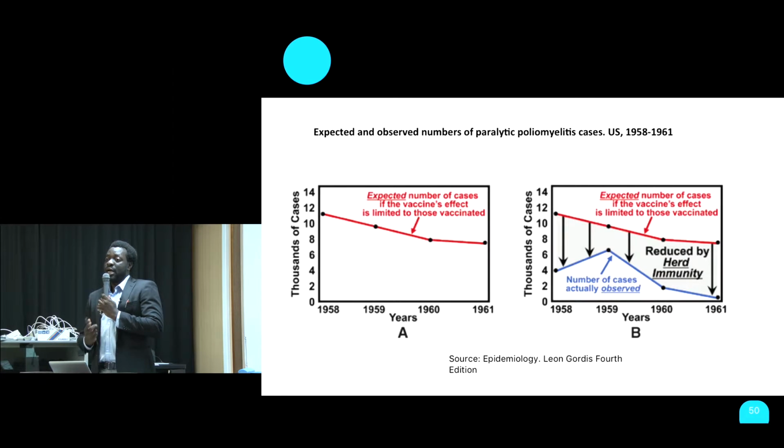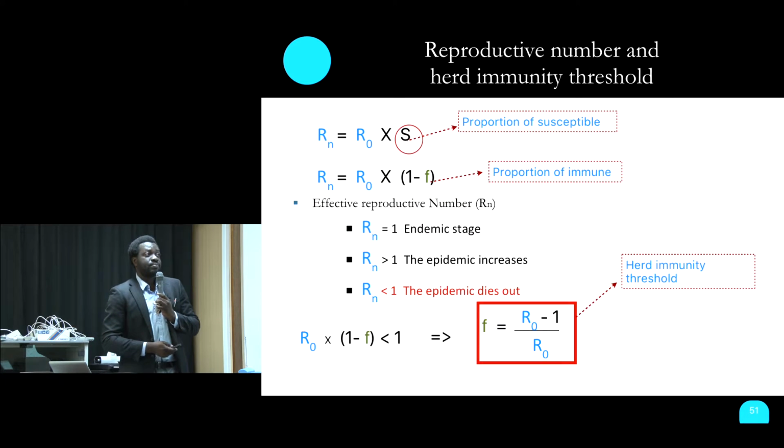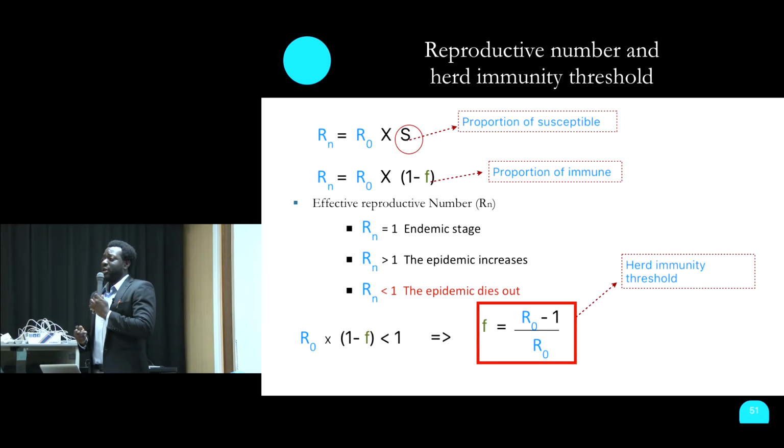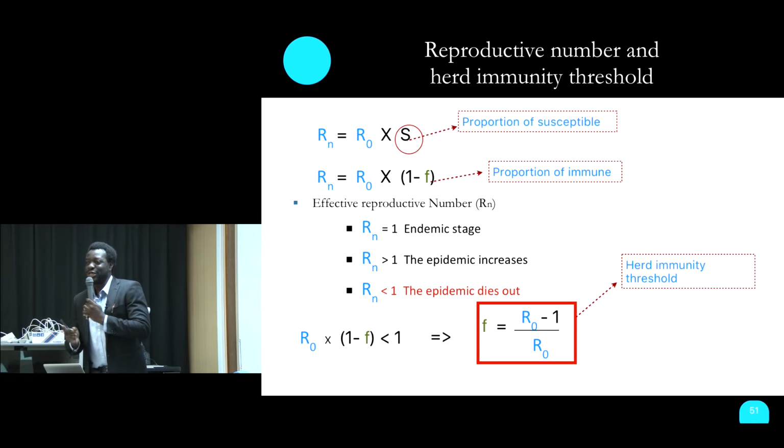You want to know how many people in the community we have to vaccinate in order to protect everybody. So there are a lot of mathematical formulas here, but I will try to make it very, very simple for you.